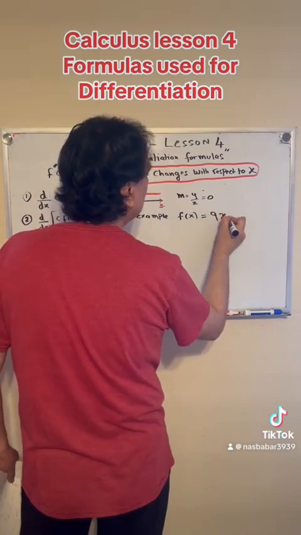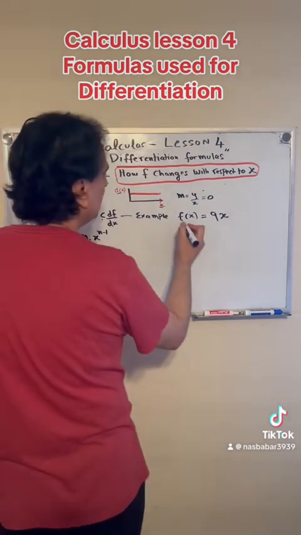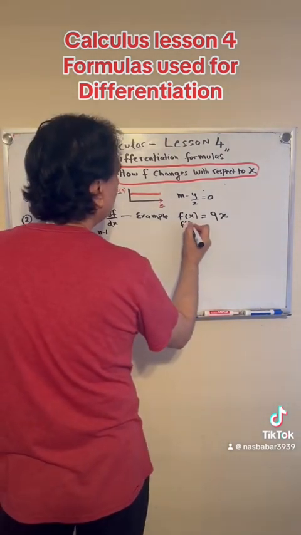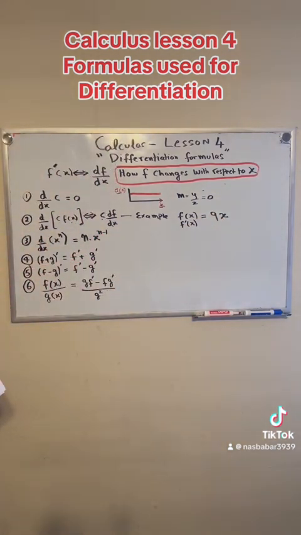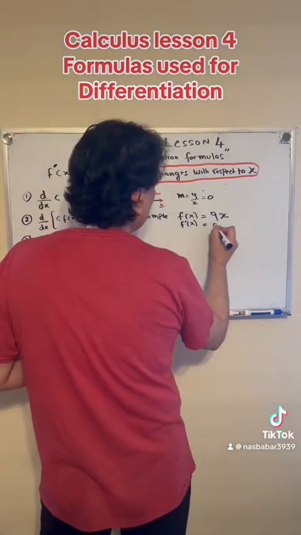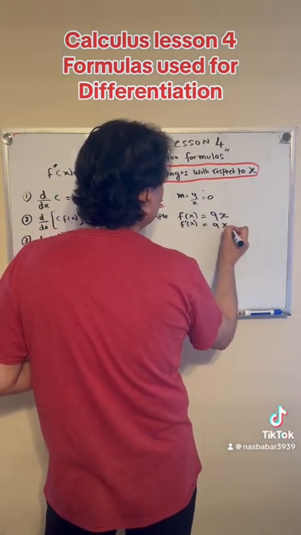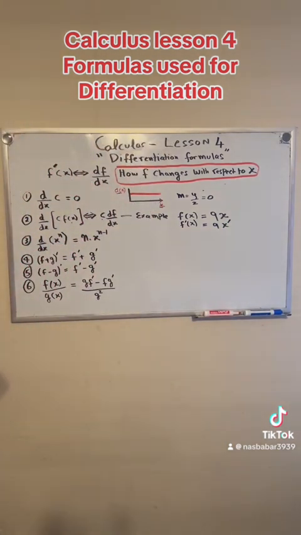If I take the derivative of this, f prime, what will you get? As you already know, you will get 9 times x prime. You can write this like that also.